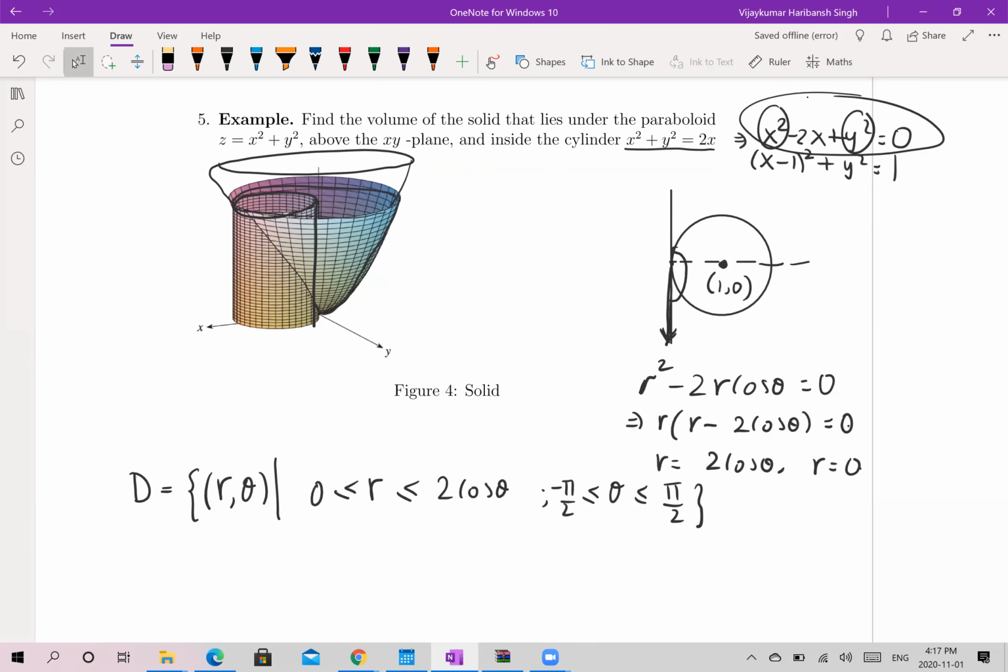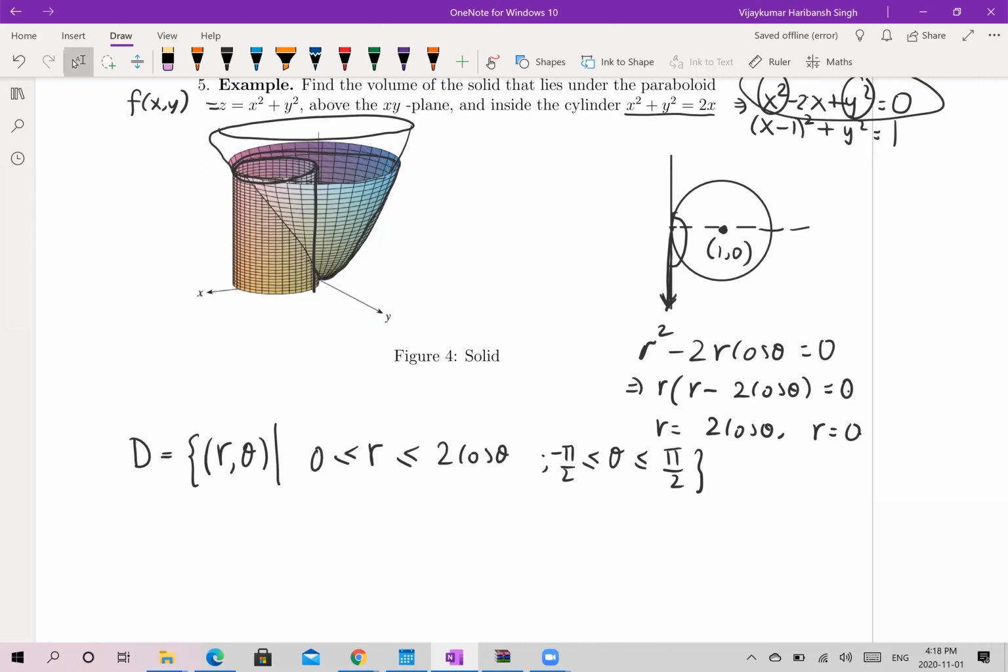Now this is my function, right? I need to integrate f because I'm integrating what is below z, which is x square plus y square, and inside the cylinder.